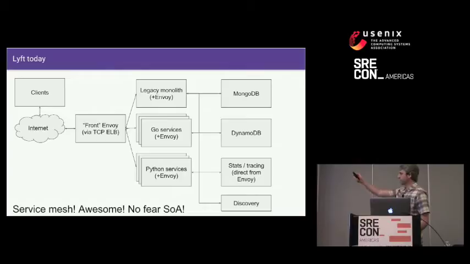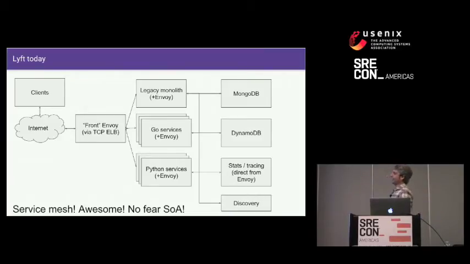Each of the front Envoys is going to route to our still existent legacy monolith, which is running Envoy alongside of it. Now we have a whole bunch of Go services, a whole bunch of Python services. Every service that we have runs alongside Envoy, so all traffic transits through Envoy.